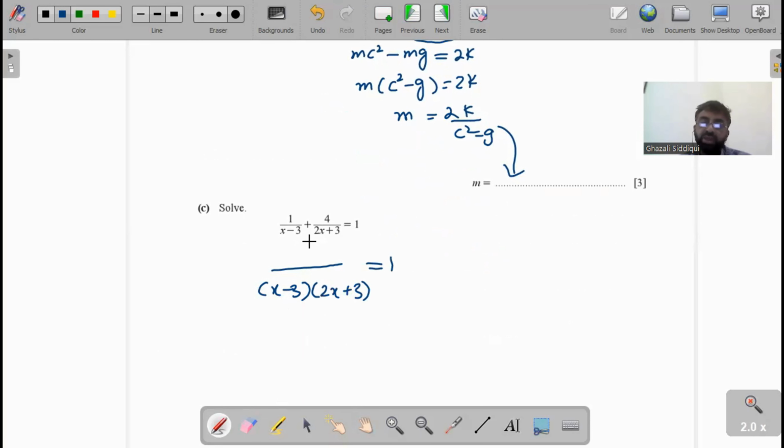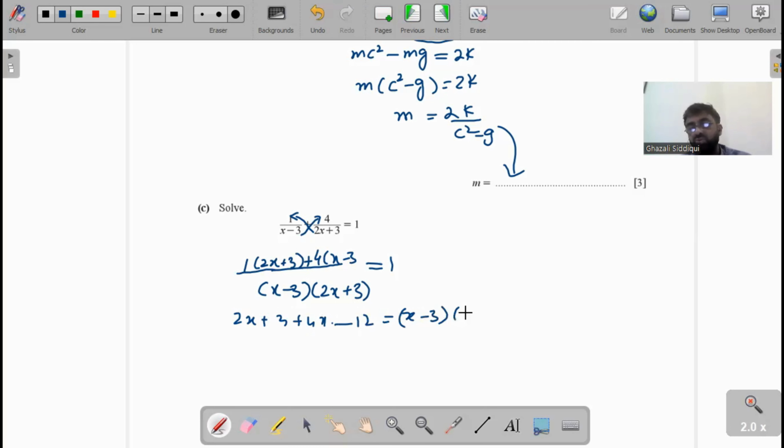Now we multiply 1 into 2x plus 3 and x minus 3 into 4, that's equal to 1 into 2x plus 3 plus 4 into x minus 3. Now we can write it 2x plus 3 plus 4x minus 12, that's over x minus 3 into 2x plus 3.